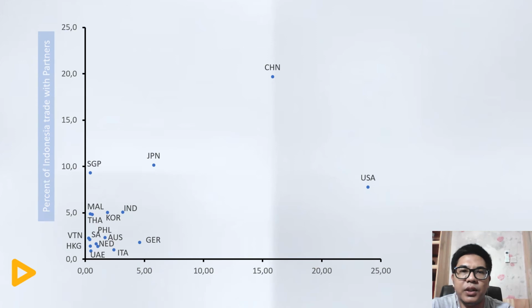As you can see, the higher you go, the bigger the international trade transaction that country has with Indonesia. The horizontal axis shows the share of their GDP relative to the world GDP. As you go further to the right, it means Indonesia is doing international trade with the world's biggest economies.